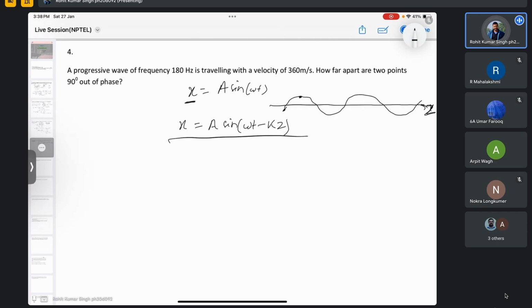So this is the equation of a wave. The position of all the points on a wave will keep changing according to this, and it depends on time and position z, and it is periodic. Okay, so this is the definition of a wave.